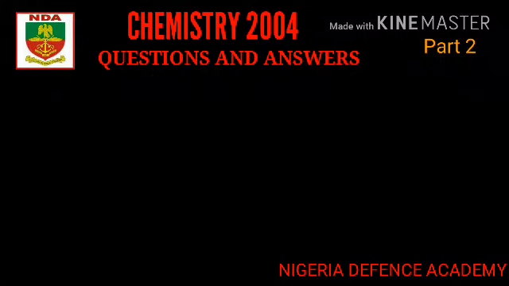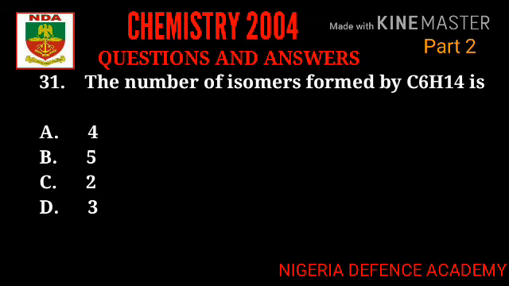Okay, let's move over to the next question. 31. The number of isomers formed by heptane is dash. Option A, 4. Option B, 5. Option C, 2. Option D, 3. Which of these options is right? Well, I think the right answer here is option B, that is 5.